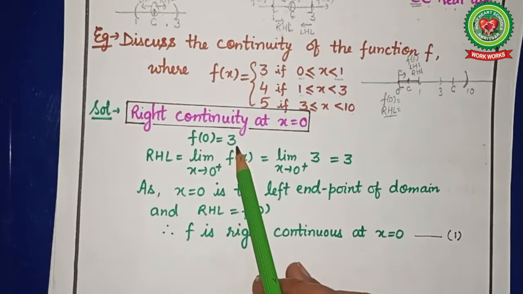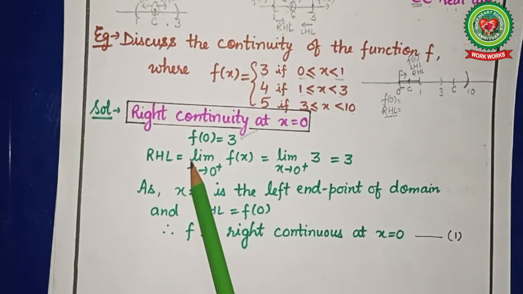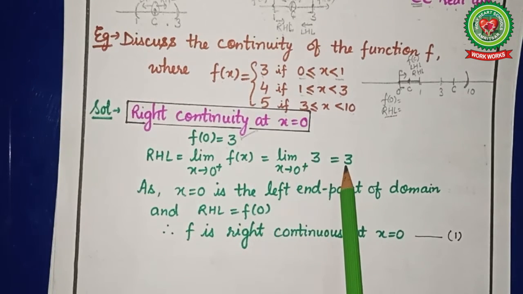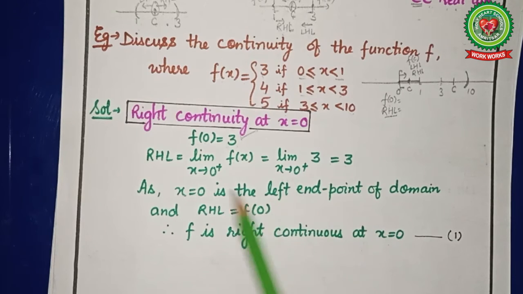So f of 0 is equal to 3. Next, the right hand limit is the limit as x approaches 0 from the positive side of f(x). Its value is 3. So it is again 3. Both the values are equal, so it is right continuous at x equal to 0.